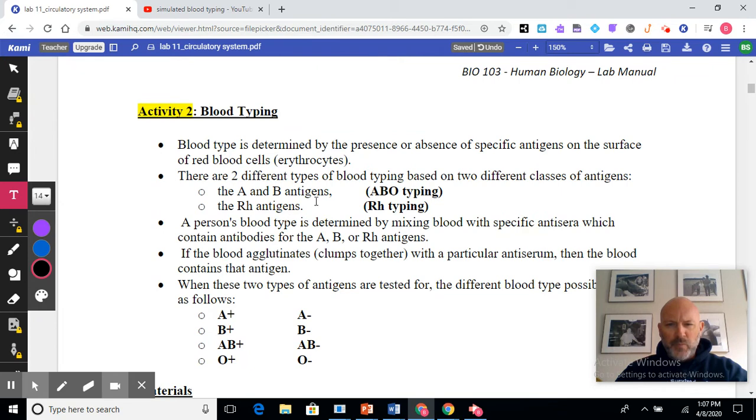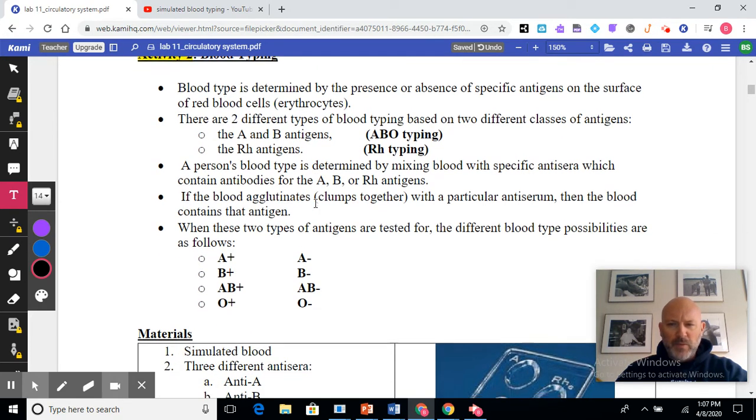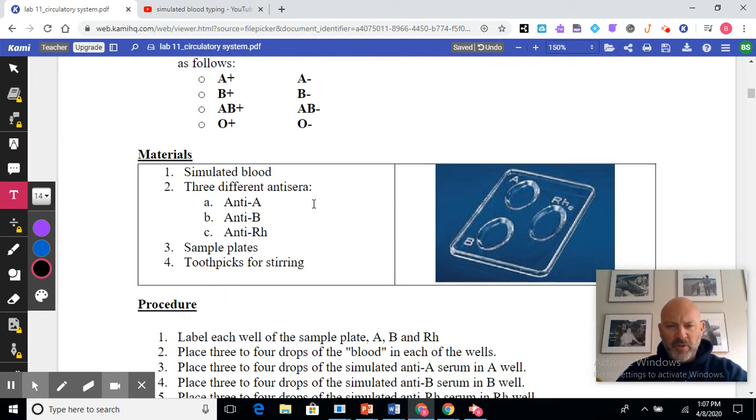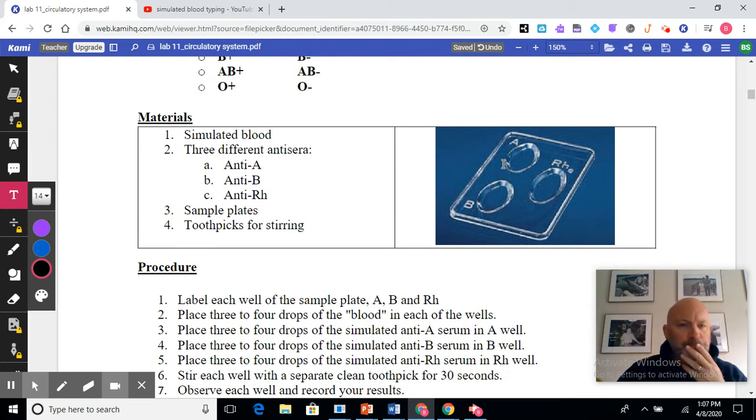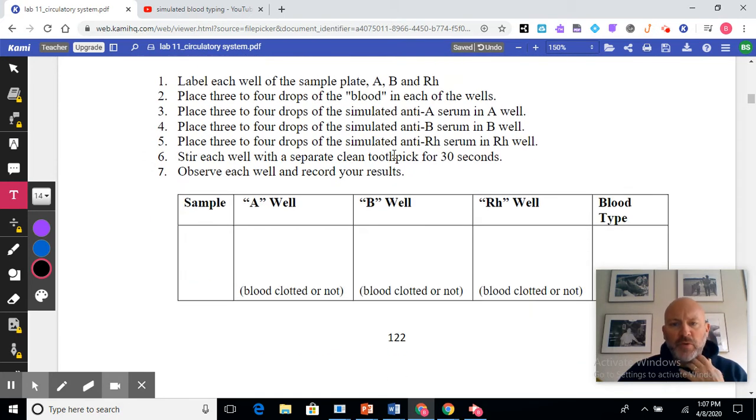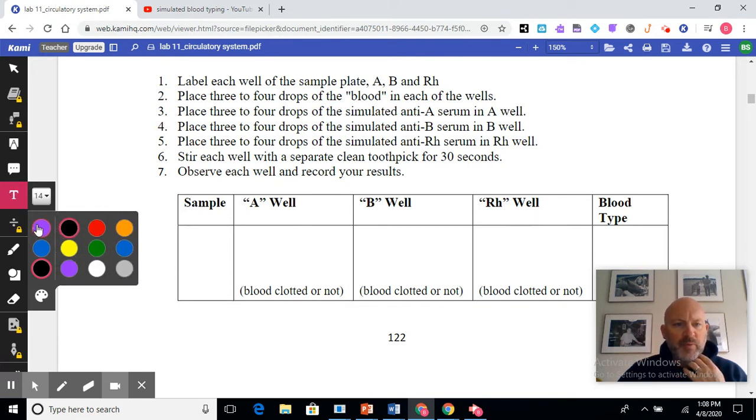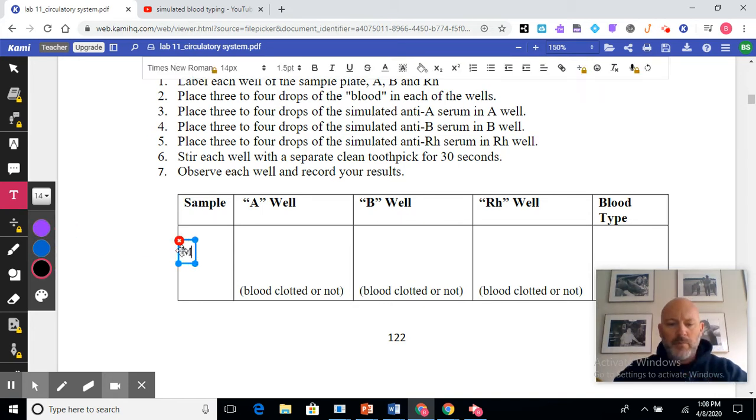The blood typing exercise that we would normally do in class, I'm going to show you a video, and you're going to watch that video and use it to fill out the sheet. In the video, there's a couple different samples. What I want you to do is fill this out using the sample for Mary.